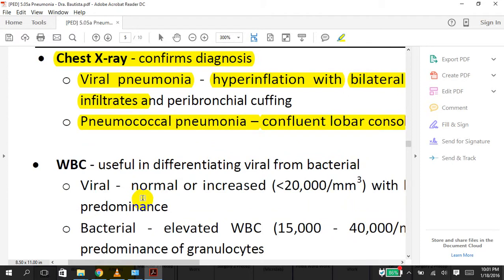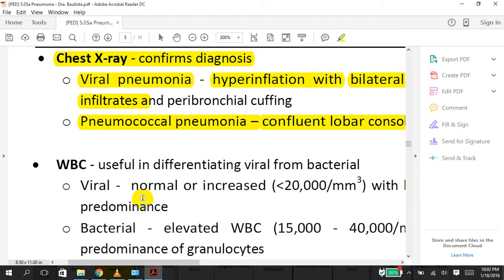It will have interstitial or lobar infiltrates just like mycoplasma. And then if on the exam they show you an x-ray which has pneumatocele, you must think of Staph aureus as the etiologic agent. So that's one of the most commonly tested board exam questions.